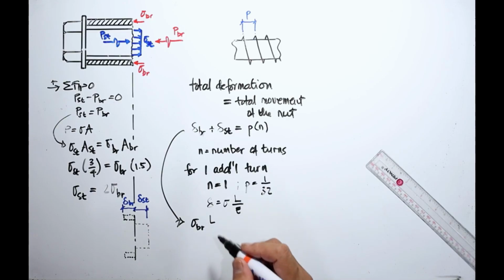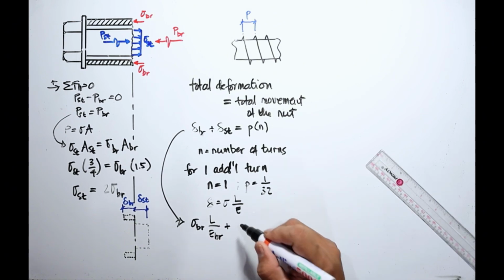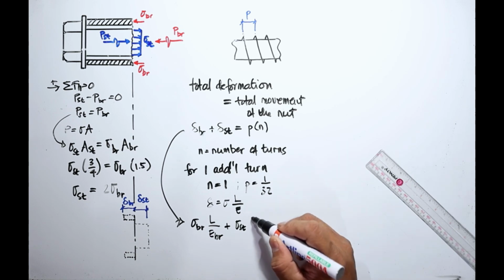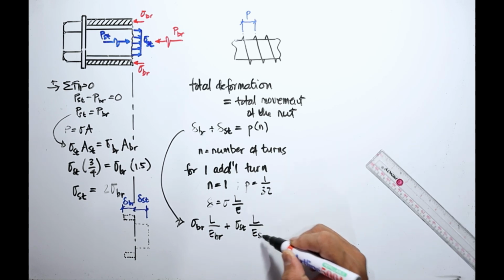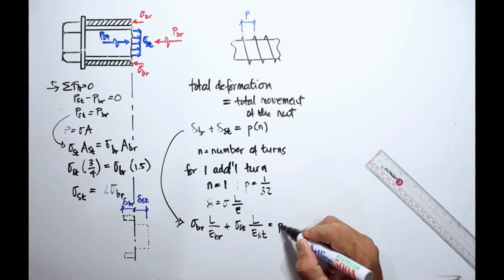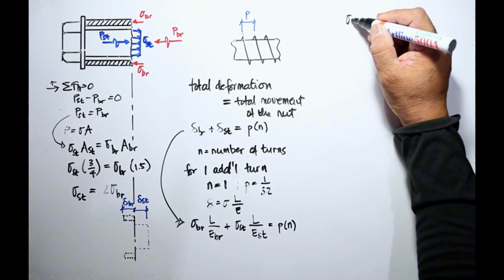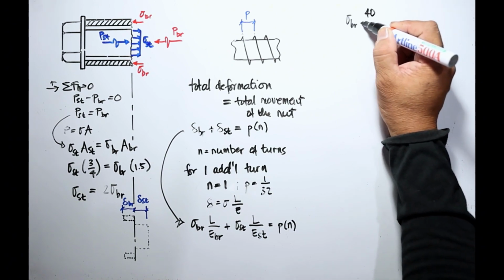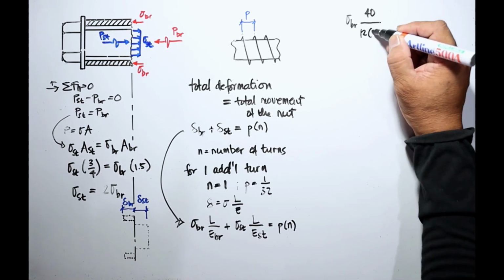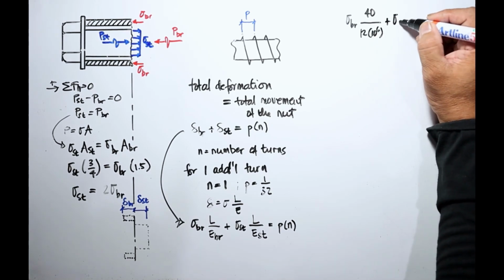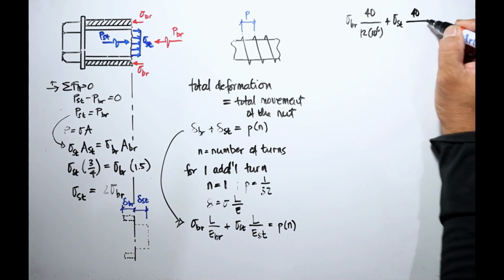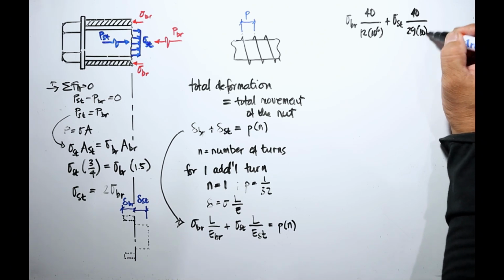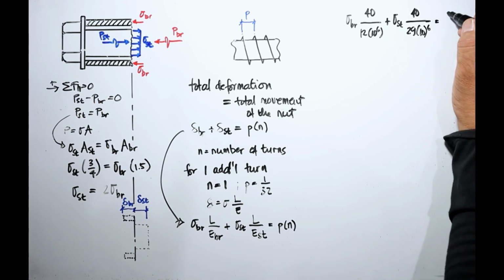We'll just write L divided by modulus of elasticity of bronze plus the stress in the steel times L over modulus of elasticity of steel equals P times N. So we have stress in the bronze times the length, which is 40 inches, divided by the modulus of elasticity, that's 12 times 10 to the 6, plus the stress in the steel times 40 over 29 times 10 to the 6 equals P, 1 over 32, times N, which is equal to 1.